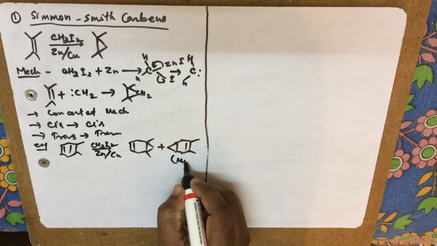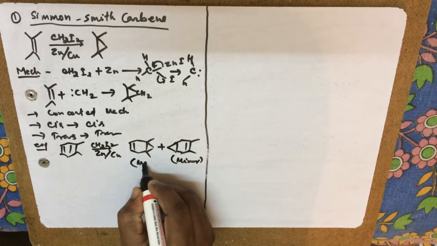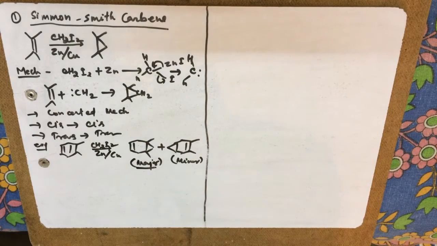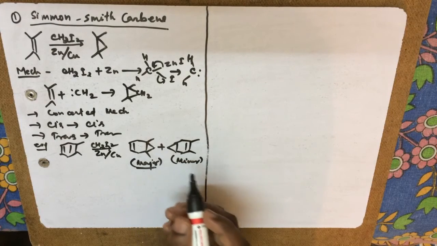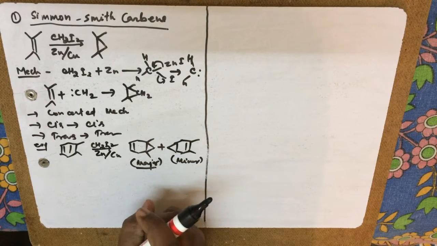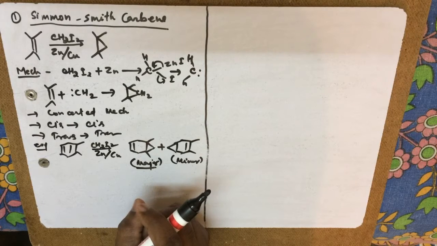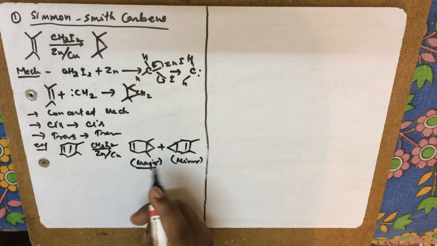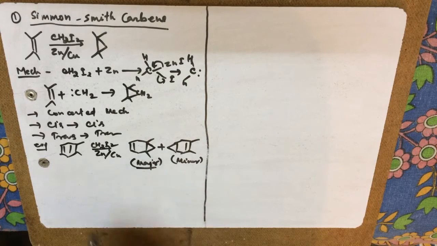So this one is the minor, this will be the major product. Because here, due to the stability of the 3 degree carbocation formed as an intermediate, that's why this is the major product. Now I think you people have understood what is the Simmons-Smith carbene reaction.